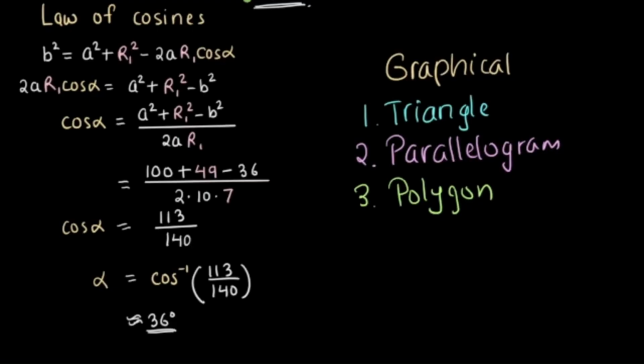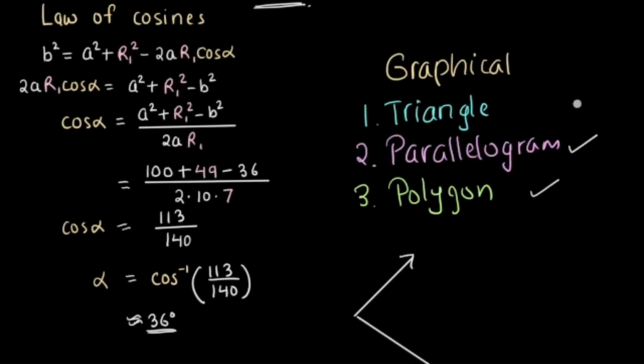The second and the third, the parallelogram law and the Polygon law, kind of flow from the triangle law of vector addition. As we have seen in this lecture, as long as you understand basic mathematics and the triangle law of vector addition, then you can certainly figure out the math for the parallelogram law and the Polygon law of vector addition, because the parallelogram law is basically the same as the triangle law.